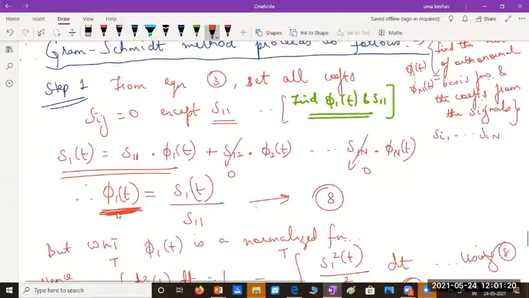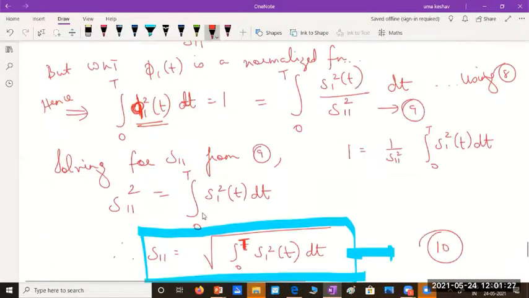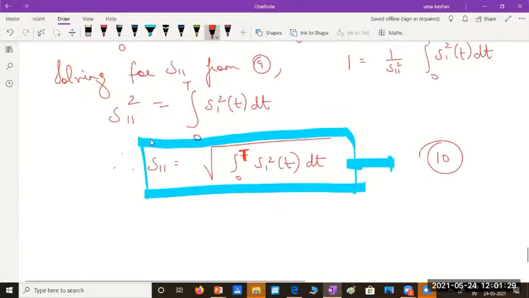We saw phi 1 is the given signal S1 of t divided by S11, and the value of the coefficient S11 would be root of the integral S1 square of t dt. Under square root you can write, or you can write to the power of half. Anything you can write.